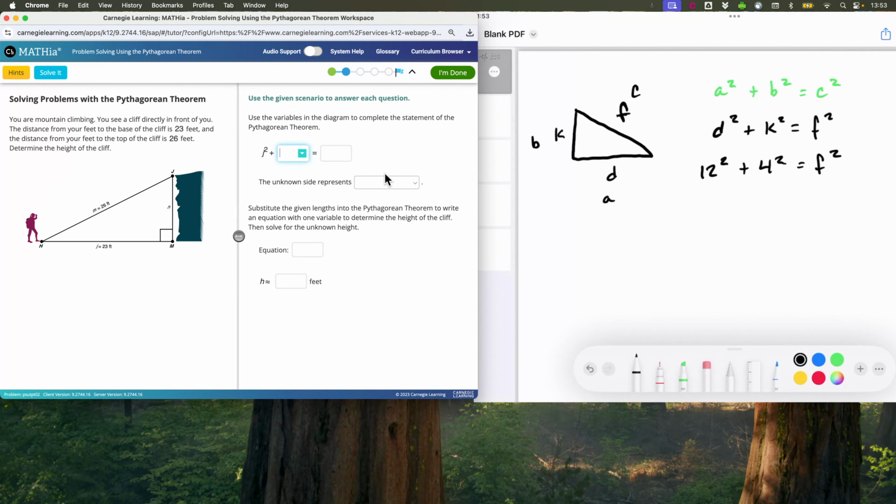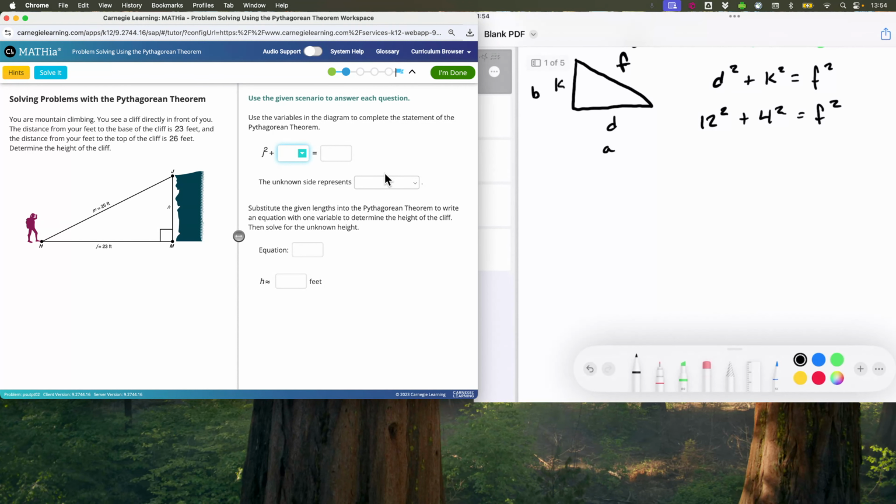This is going to be almost exactly the same type of problem. So we have this situation where we've got H, J, and M. And so we are looking at J squared plus something is equal to M squared, because the M has to be the hypotenuse.